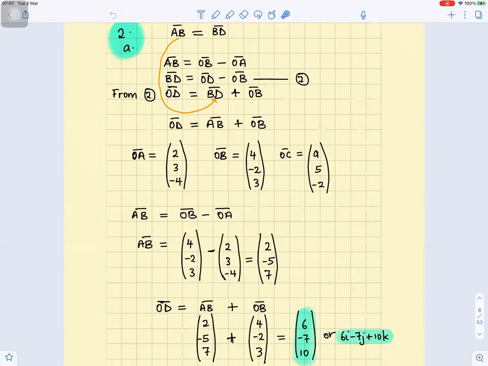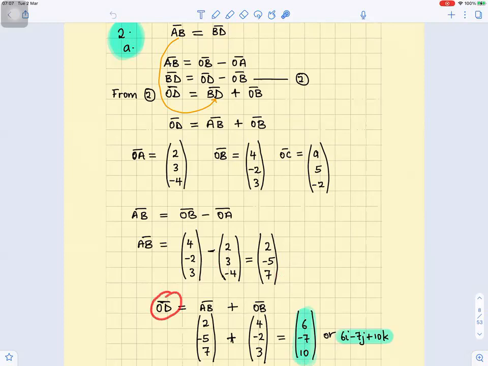So to get AB, that's OB and OA. So 4 minus 2, it gives you 2. Minus 2 minus 3, it gives you minus 5. And 3 minus minus 4, it gives you 7.